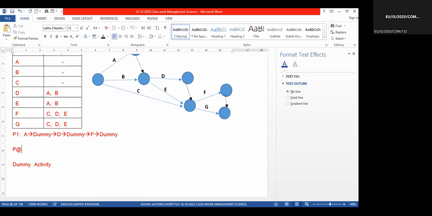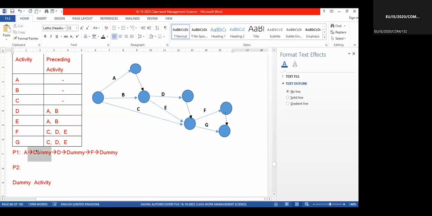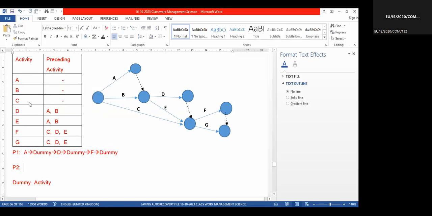Then path 2, P2, I put P2 to denote path 2. I copy that and will change it carefully. Observe.